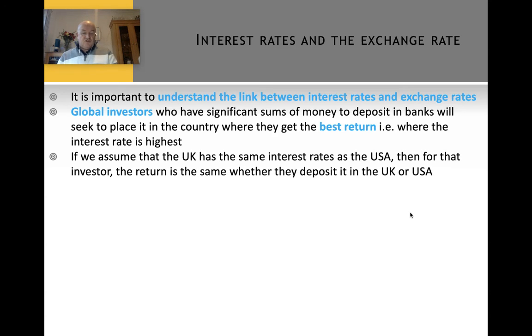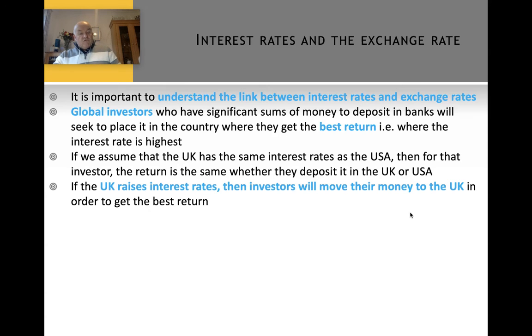So if we assume, let's take a scenario that we've got the same interest rates as the USA, then for the investor, the return is the same whether they deposit their money into the UK or the USA. If we then raise our interest rates and the US keep their interest rates at the same level, then investors will be likely to move their money into the UK in order to get the best return.